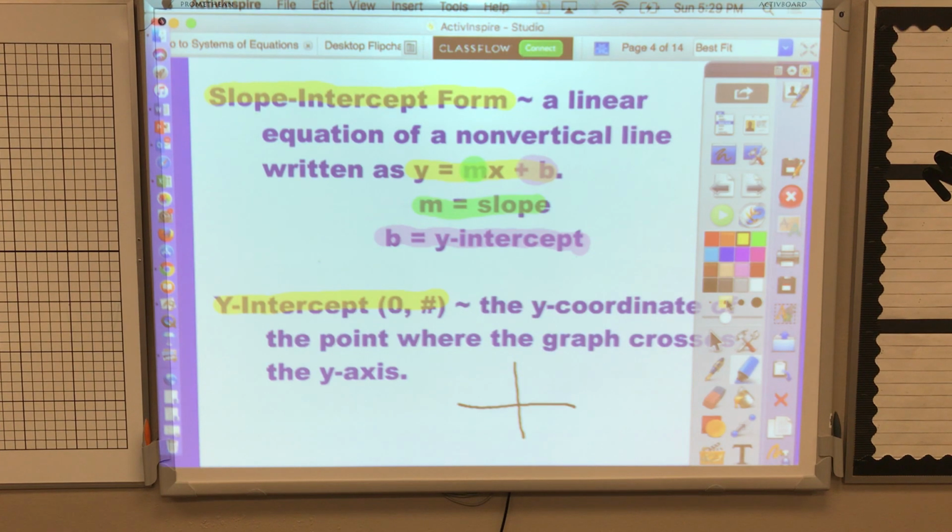The definition of a y-intercept is the y-coordinate of the point where the graph crosses the y-axis, so it can be anywhere on that vertical axis. Your y-intercept is 0 and then a number. That's what it's representing in that equation.